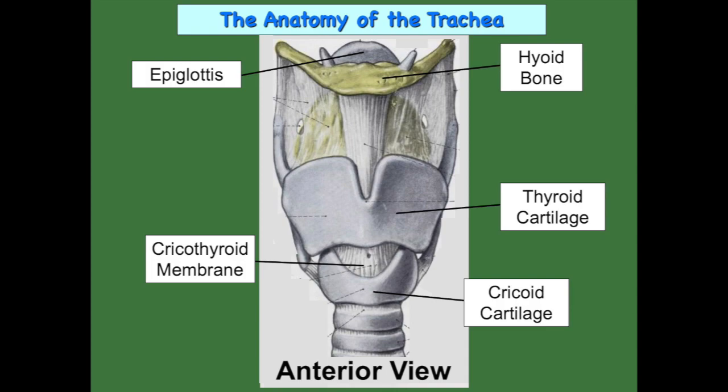That's again that only continuous cartilage. The reason I'm showing you the cricothyroid membrane, as you can see it extends from the cricoid to the thyroid cartilages, is if we had to do an emergency tracheostomy, that is the membrane that we would then palpate and then puncture if we needed to get an emergent airway.